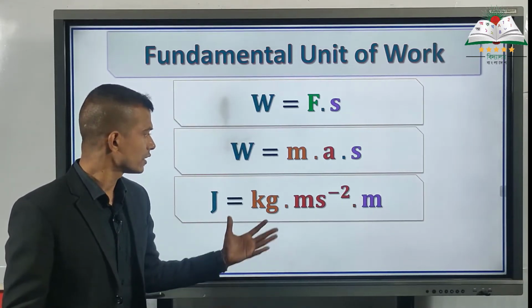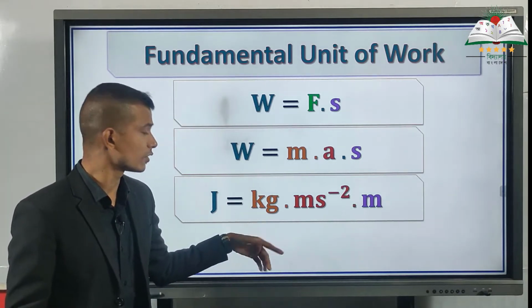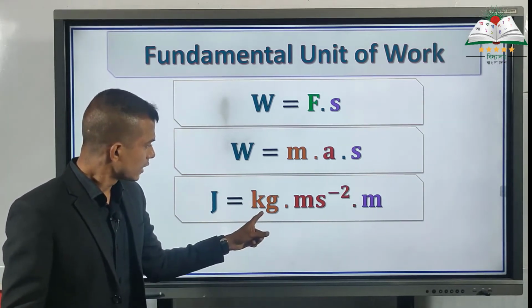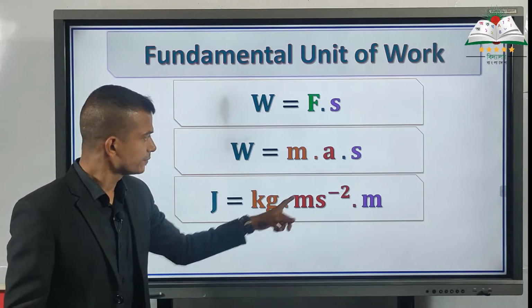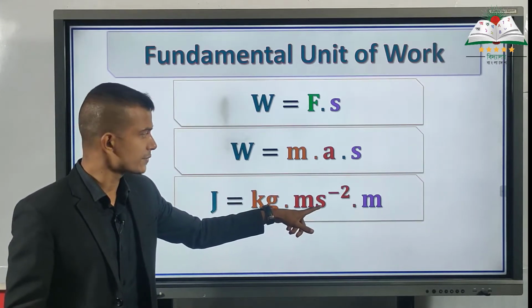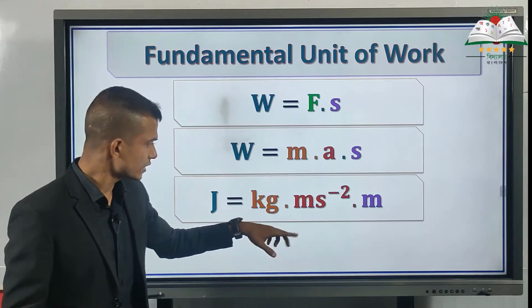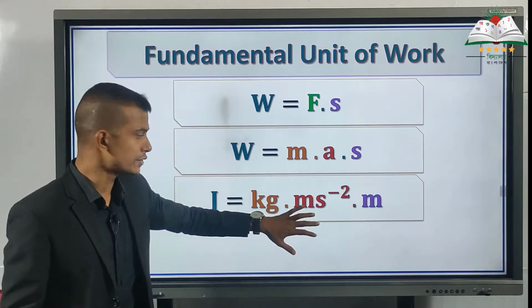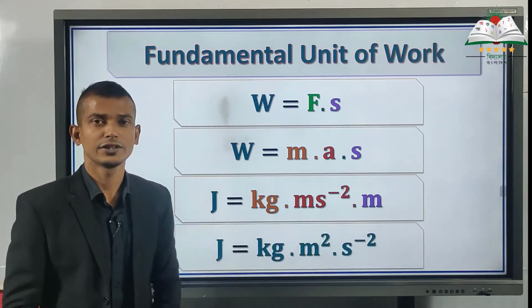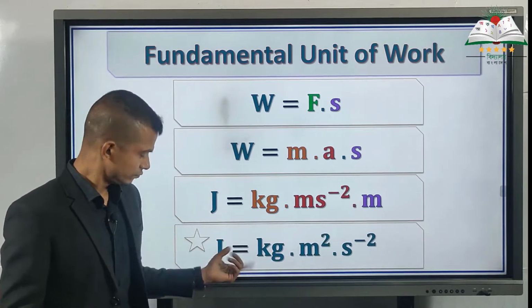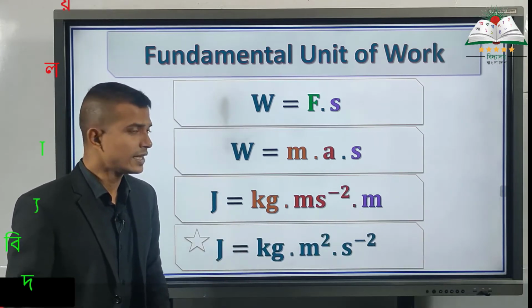We want to find out its SI units or the fundamental units. So mass is kg, acceleration is meter per second square, as I have said at least 3 times, and S is meter. So this becomes kg meter square second inverse 2. This is the fundamental unit of work done, which is joule or kg meter square second inverse 2.